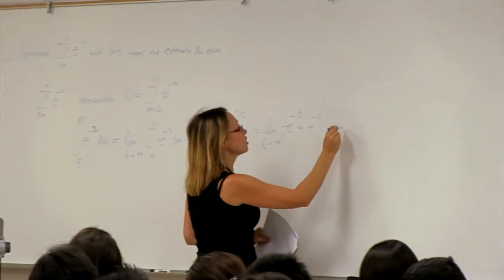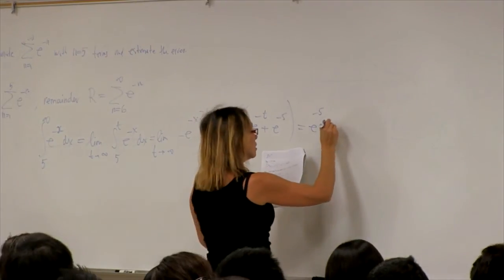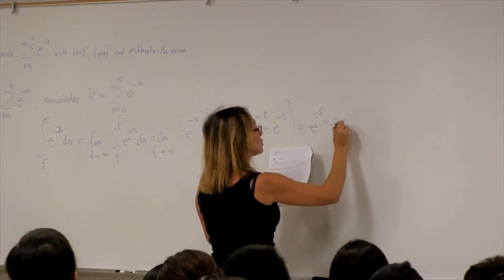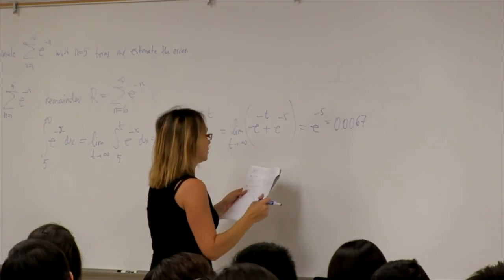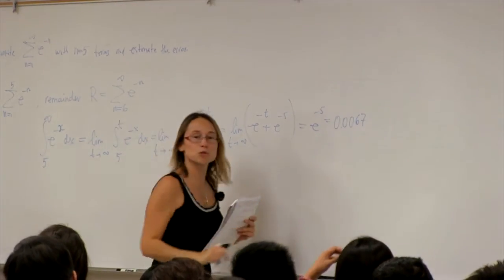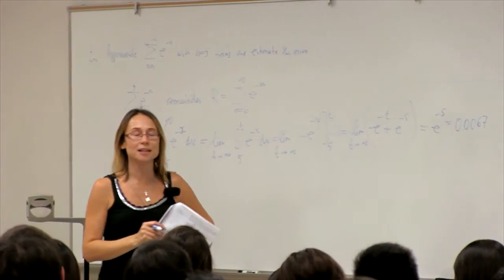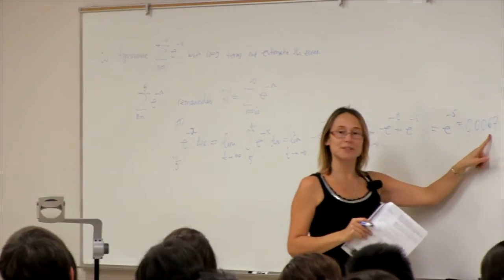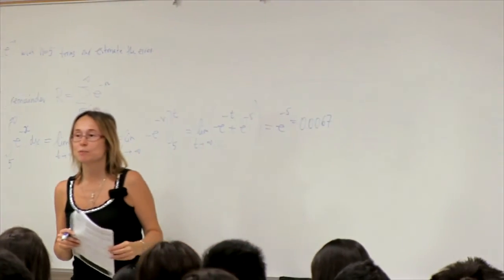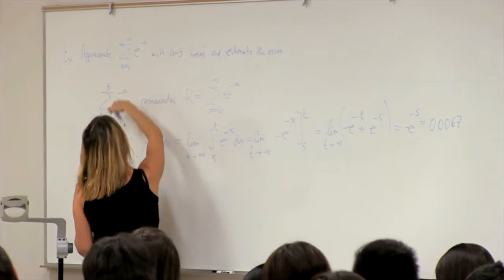Okay. So what's the limit here? This is 0. So this is e to the minus 5. And this is equal to 0.0067. So the error is not so bad. Okay. Instead of an infinite number of terms, I only added up 5. And the difference is a very small number, especially compared to the sum that I obtained.